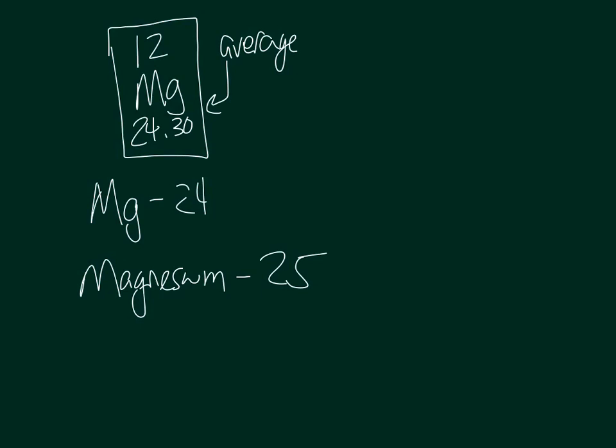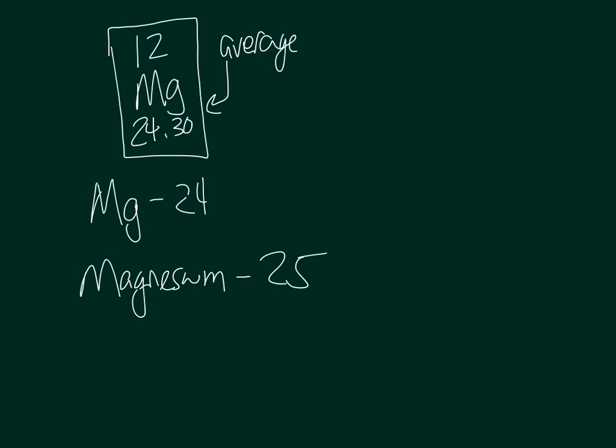So because sometimes magnesium exists as magnesium 24 and sometimes as magnesium 25, this number here represents both of them. Now, since this is closer to 24, it means most of the time it's magnesium 24. But there are magnesium 25 isotopes that do exist in nature.